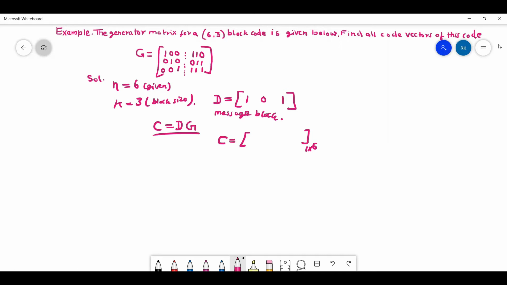So let's do it and multiply d with our g. We are going to multiply d, 101, with g to obtain this c.